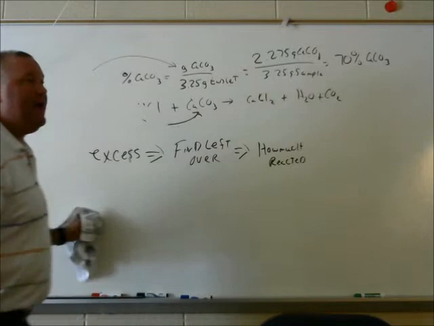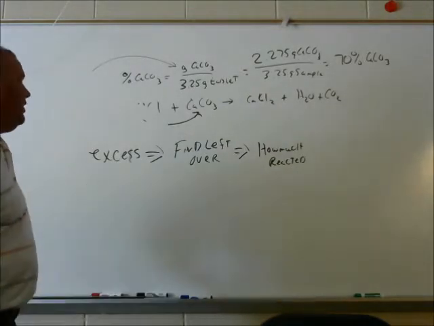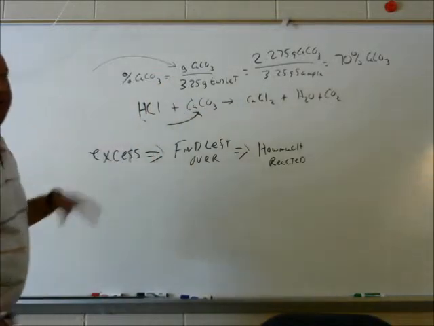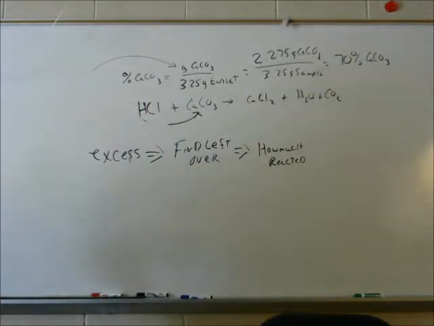And once you know how much actually reacted, you can determine grams, molarity, or whatever it is about your original sample. In this case, the percent by mass of active ingredient, calcium carbonate, in my sample.